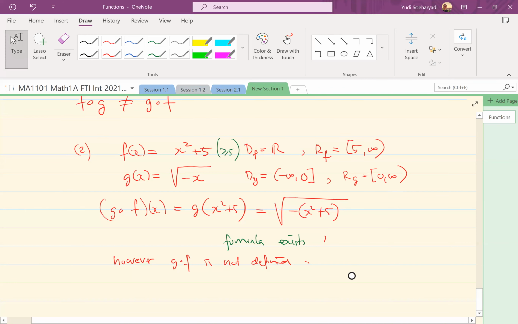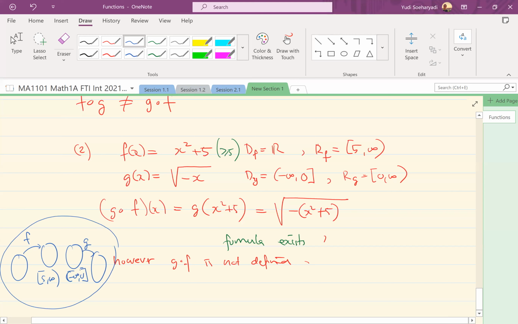Okay, so let's check this one. Just recall this picture and have it in your mind. You have f first, then you have g. Here the range of f is 5 to infinity, and the domain of g is negative infinity to 0. So this is actually the case where you don't have any intersection.